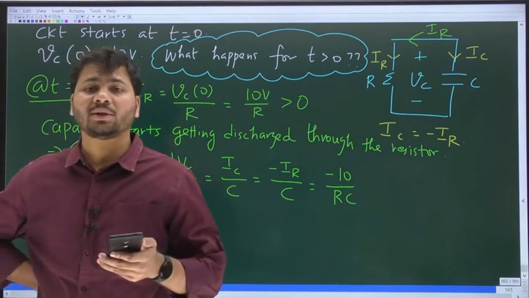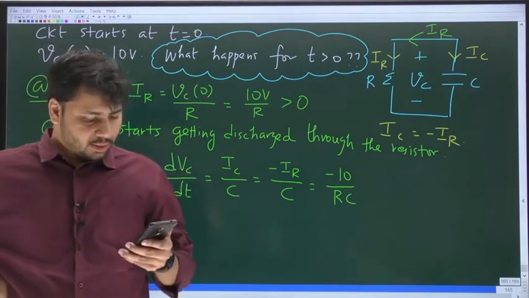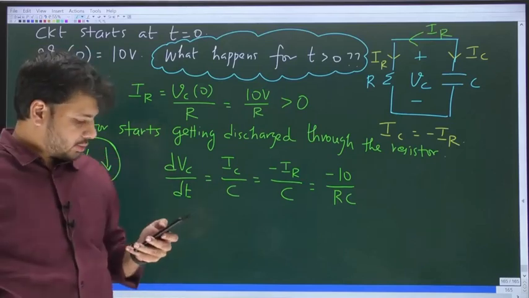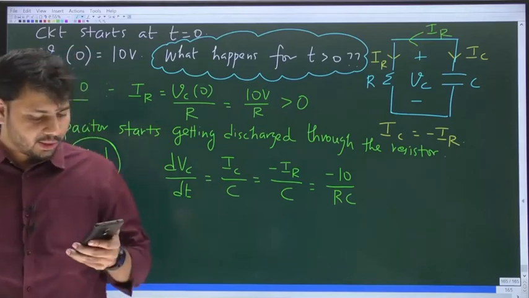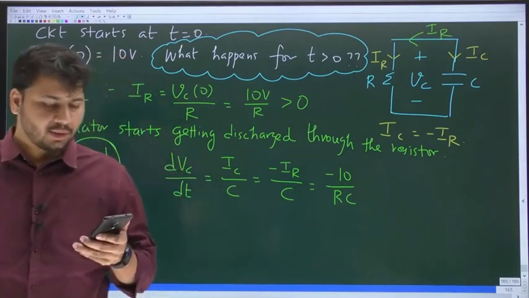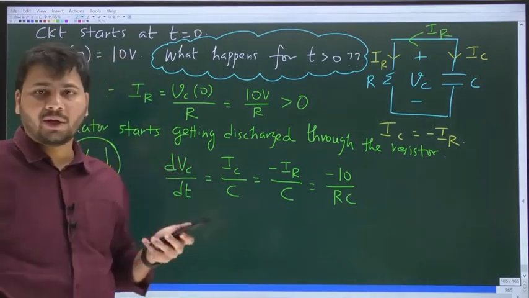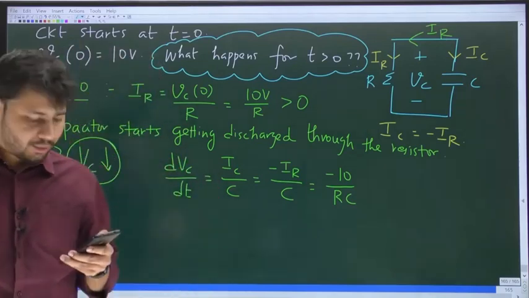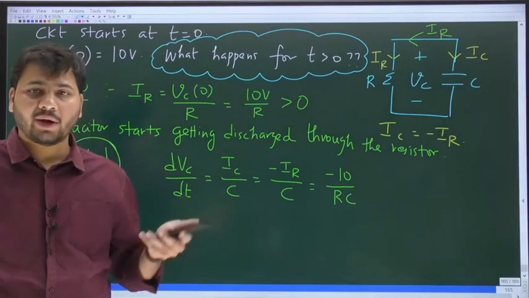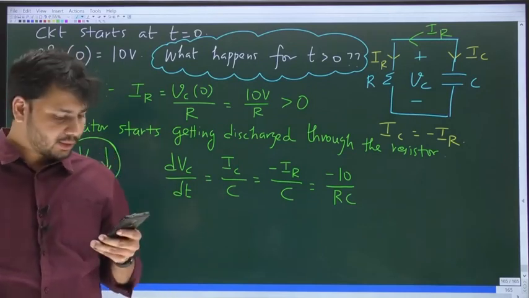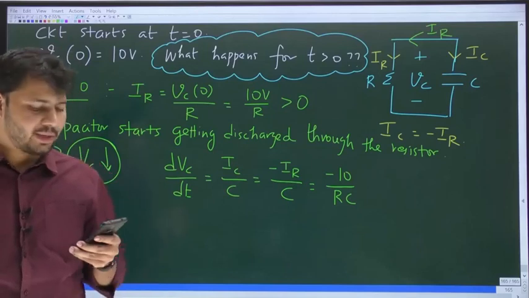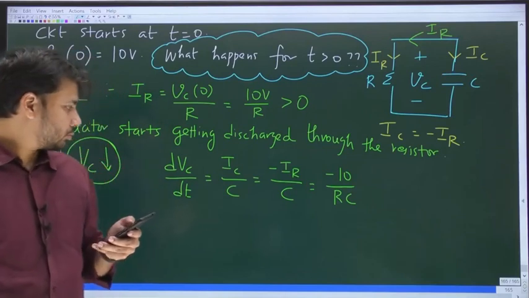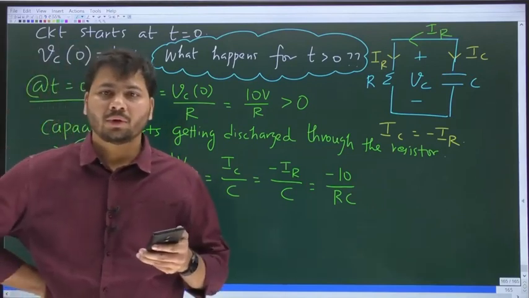Shivasainath is saying minus 10 by RC. Dineshwaran also says minus IR by C, right? How is it IR by RC? It should be IR by C, the rate of decay. What about others? Will you say minus 10 by RC?